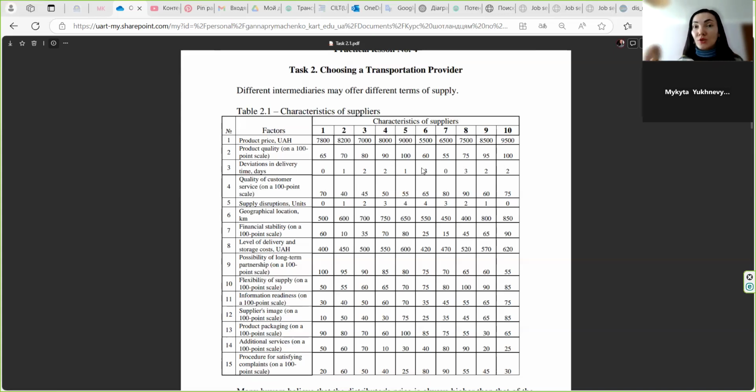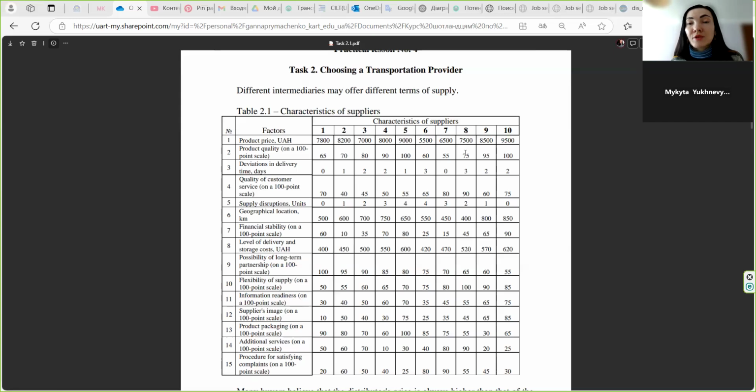So we continue the numeration, not from 1 to 10. Here we maybe have another situation, from 1 to 9, for example. It is possible. Okay, supplier number 3 has the fourth position.